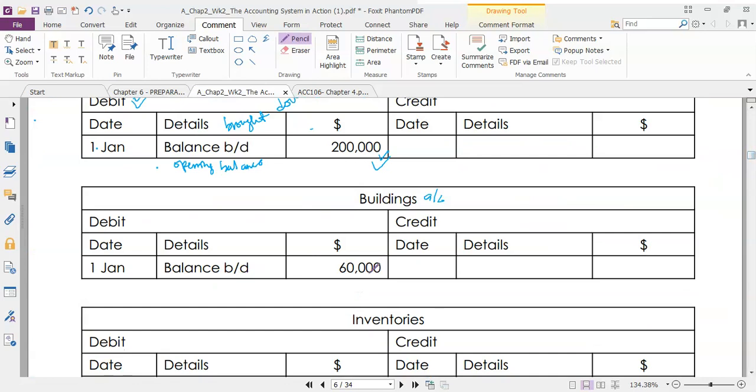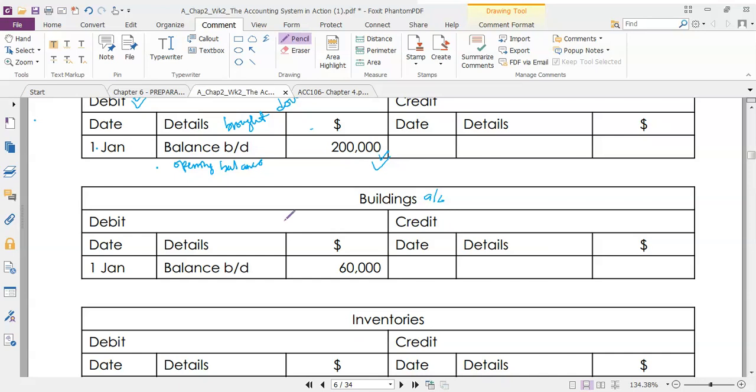Balance BD 60,000. Kenapa kita kena letak dekat debit side? 60,000 building. Sebab apa kelas? Sebab buildings ni elemen apa? Asset.